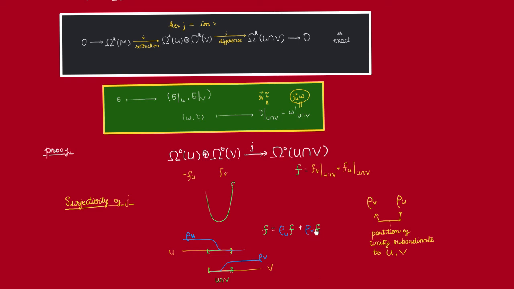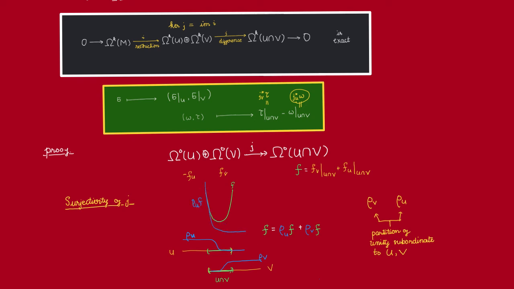Thus, we need to extend these functions. At first, because there is a rho_U here, you might think of extending this to the whole of U, but it's really unclear how to do that. It's really unclear how we would extend rho_U f smoothly over there.